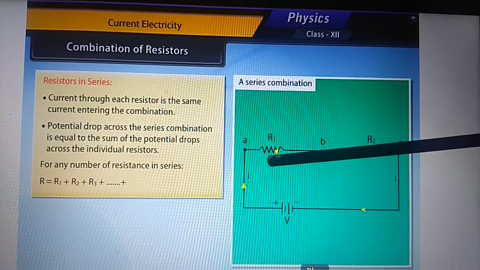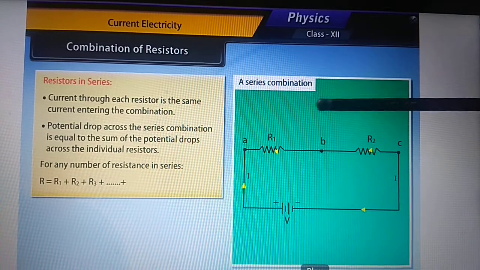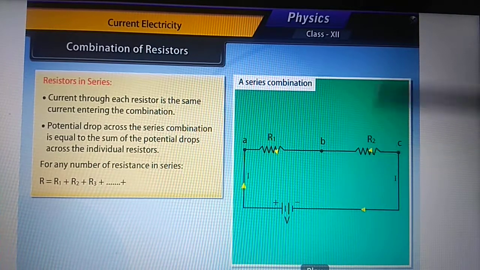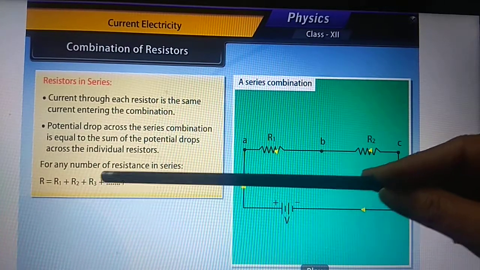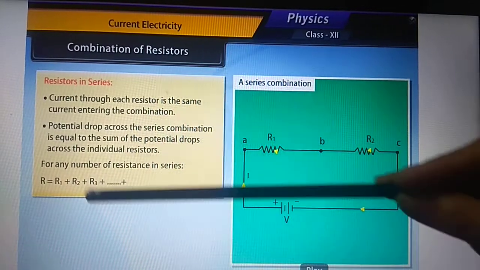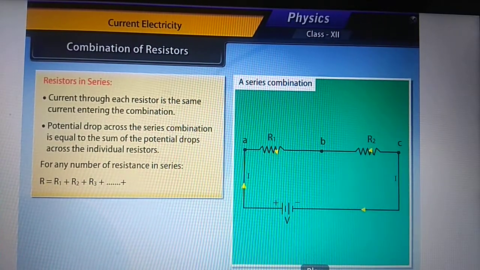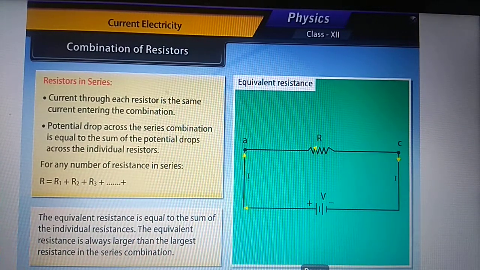So if V1 drops across the first resistor and V2 across the second resistor in this series combination, then V1 plus V2 is equal to the final potential difference V. For any number of resistances in series, if more resistances are connected in series, the final resistance will be R1 plus R2 plus R3 and so on. The equivalent resistance is equal to the sum of the individual resistances.